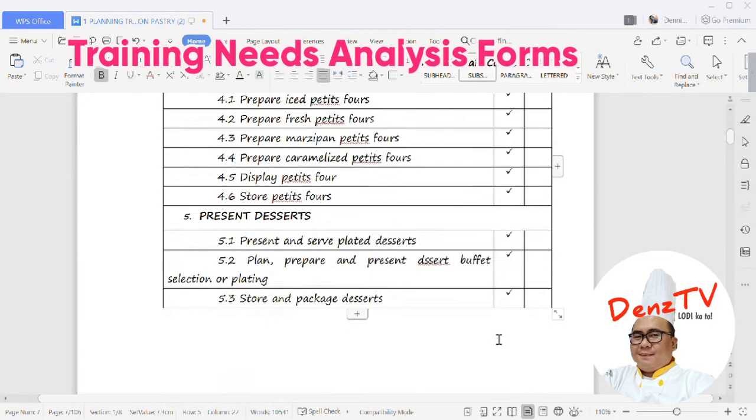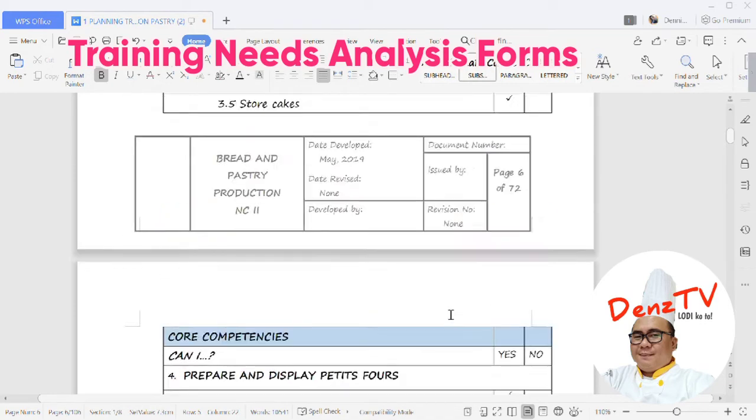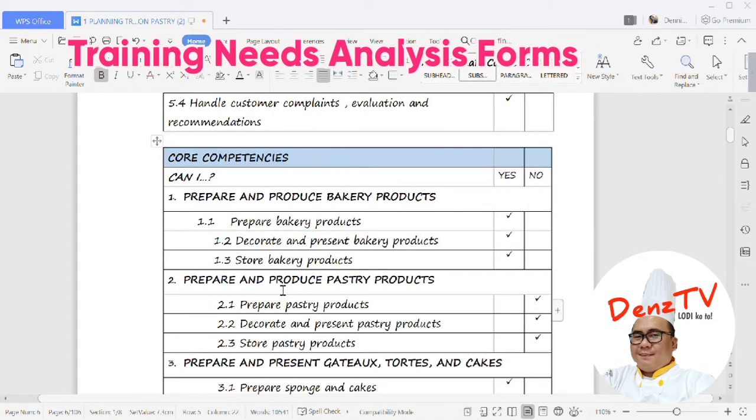Number 4, yes. Number 5, yes. Only number 2. Take note of that. This would be the focus of his or her portfolio.